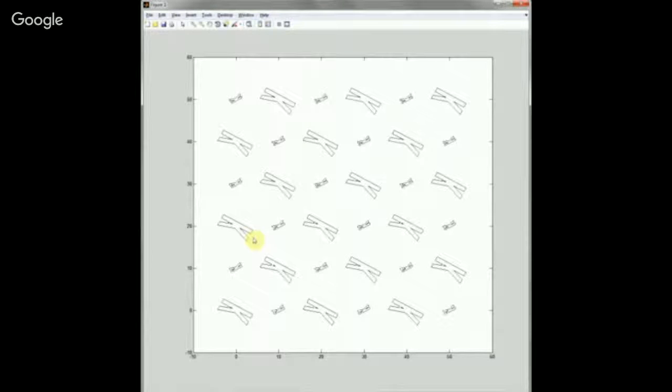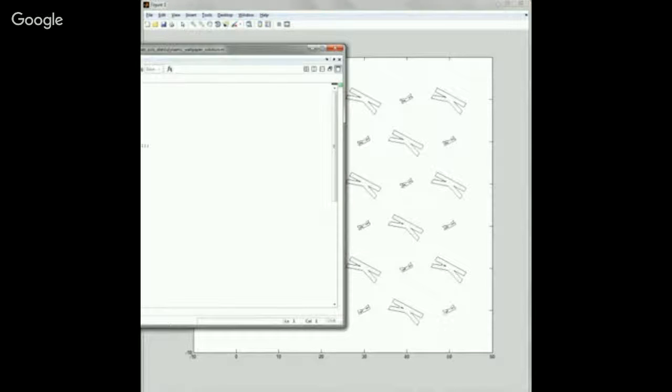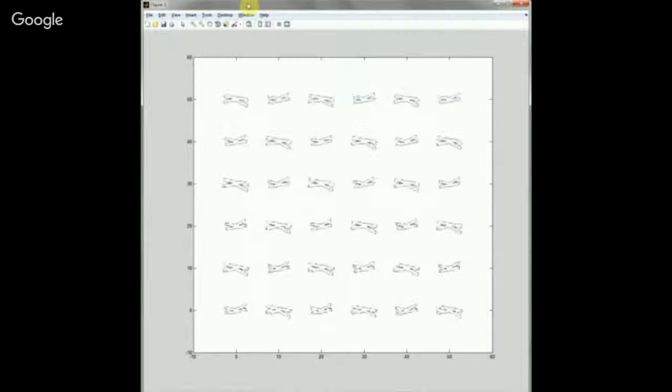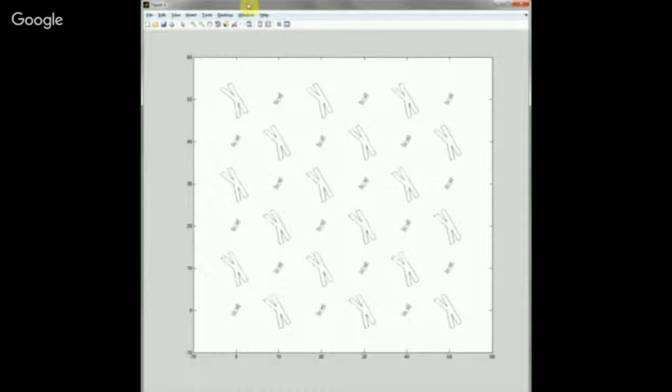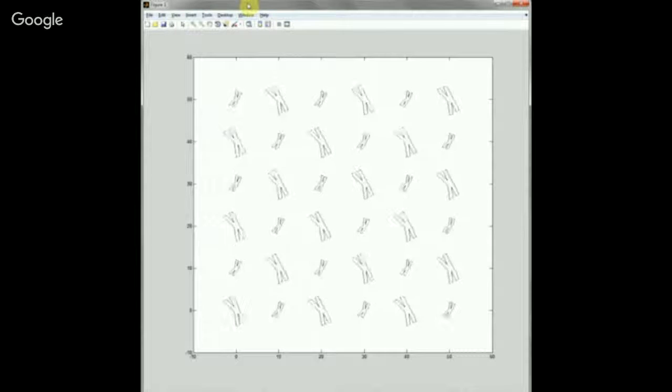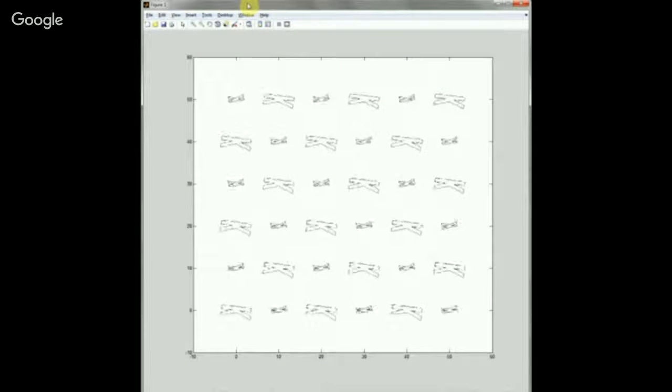Okay. And you can see here that the motif has been repeated on a 6 by 6 grid. When I move my code, you can see that the motifs are rotating in place, and rotating in place, growing and shrinking.